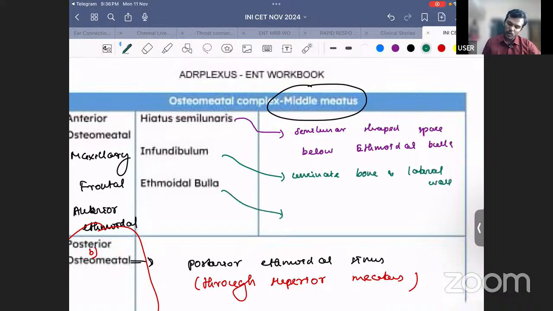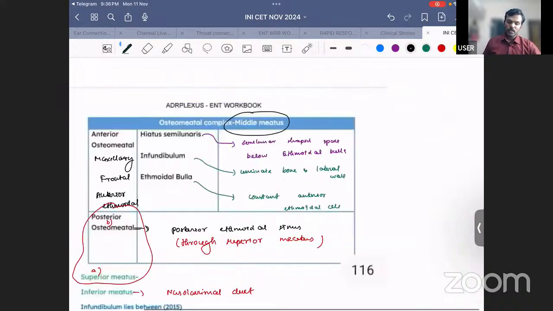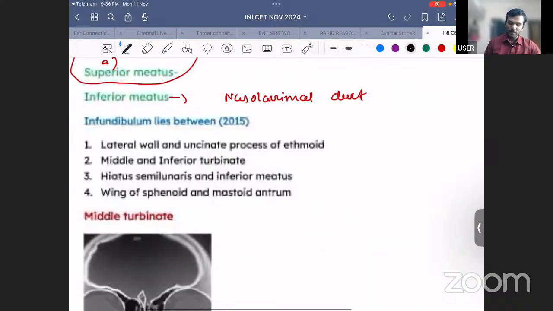Ethmoidal bulla is the most constant anterior ethmoidal air cell. Okay, fine. So infundibulum lies between the lateral wall and the uncinate process of ethmoid. Okay, fine.